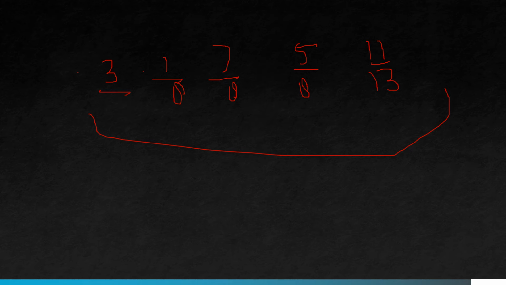Okay, what is a proper fraction and what is an improper fraction? A proper fraction is when the numerator is less than the denominator. For example, 1 upon 3: 1 is less than 3, so the numerator is less than the denominator, and this is an example of a proper fraction.